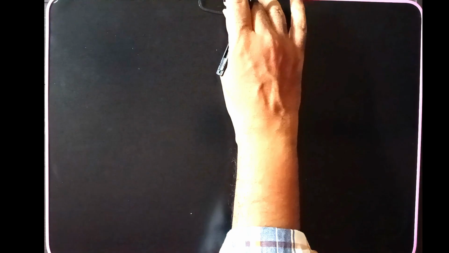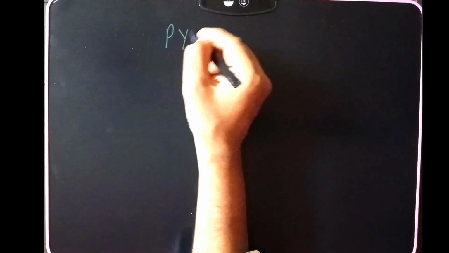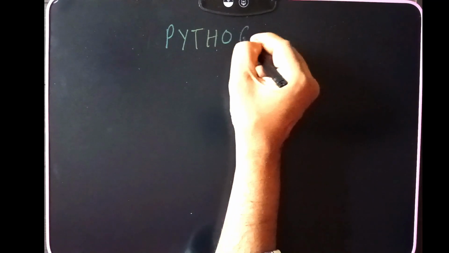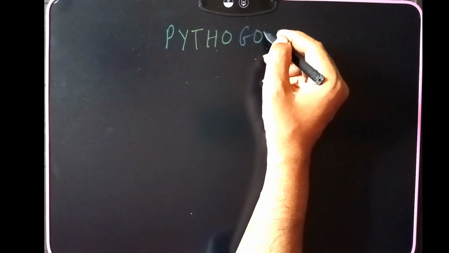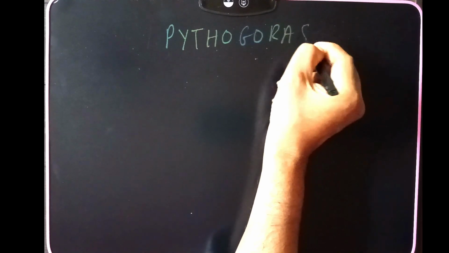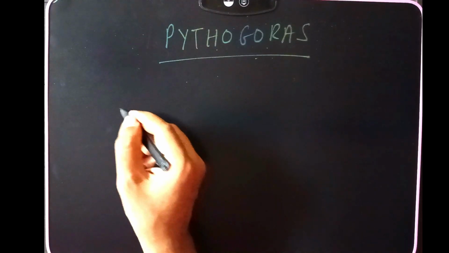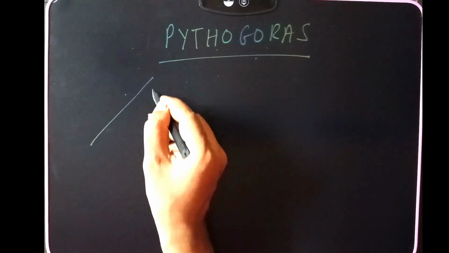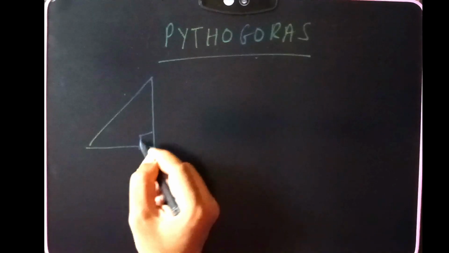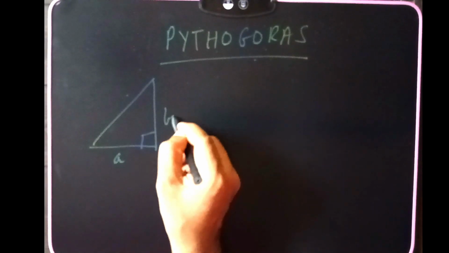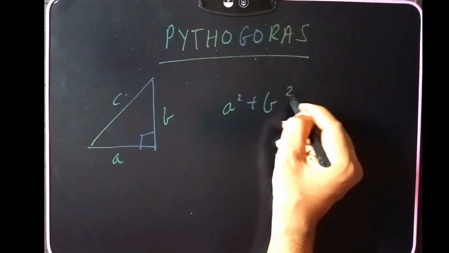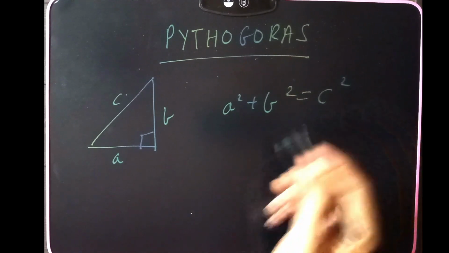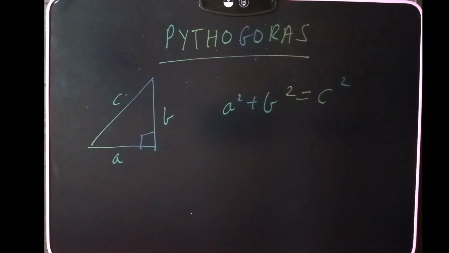So Pythagoras, you already know Pythagoras theorem states that if these are the sides of the triangle, this is A, B, C, then A square plus B square is equal to C square. This is Pythagoras theorem, right?